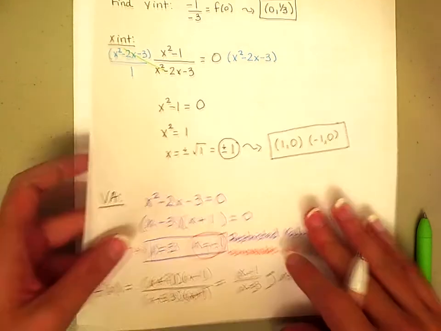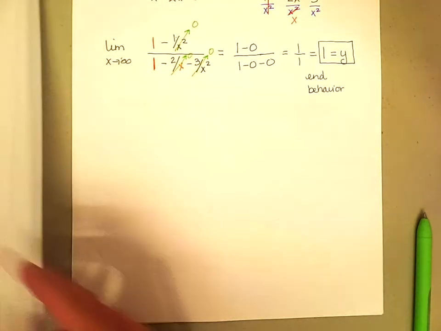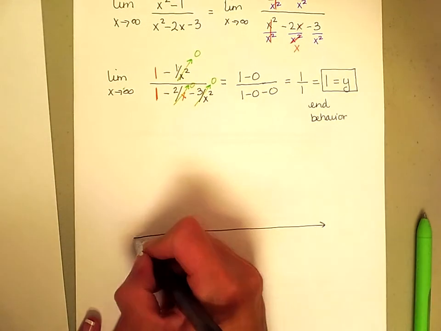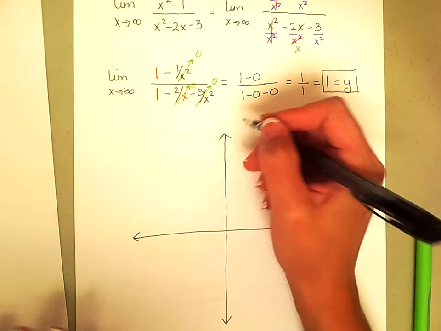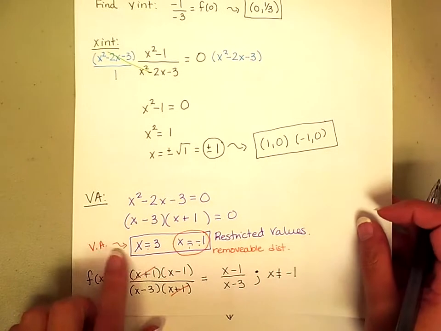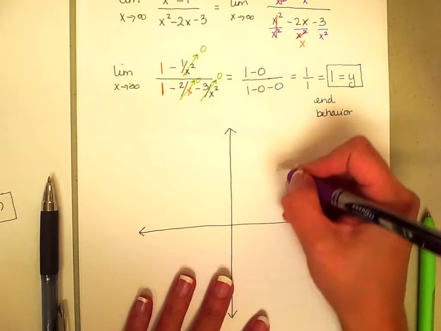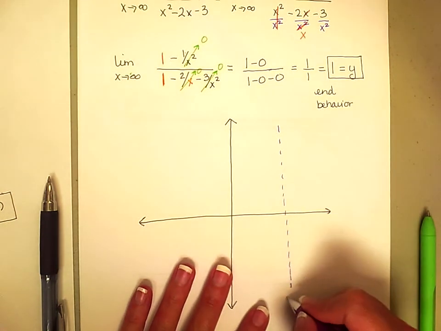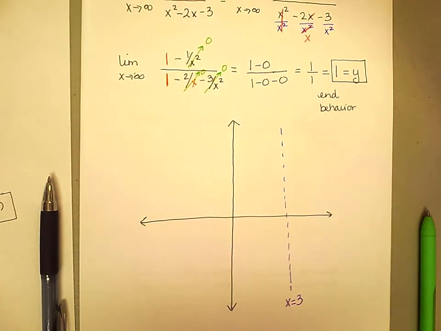Okay, now let's try and put it all together. So our vertical asymptote is at x equals 3. Let's put that in, labeling the equation x equals 3.